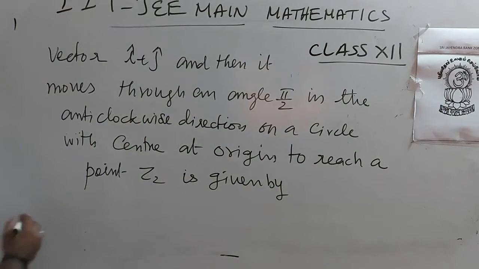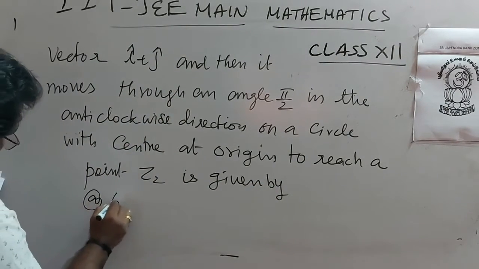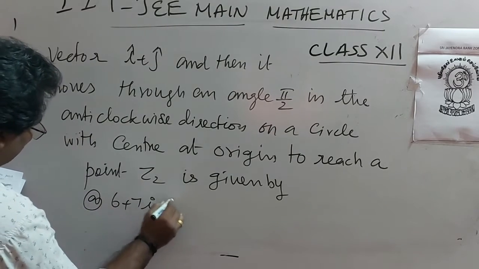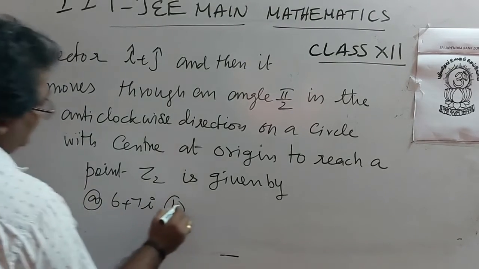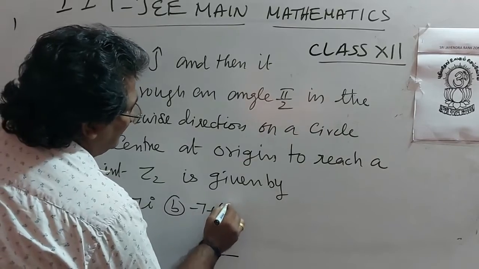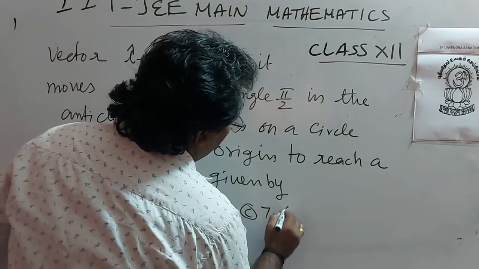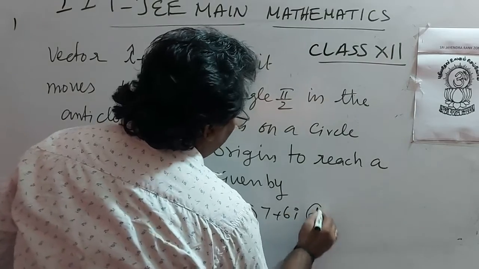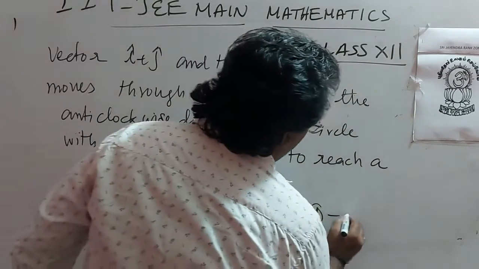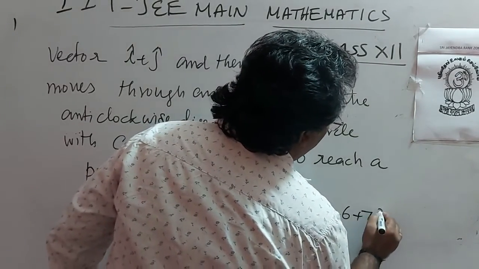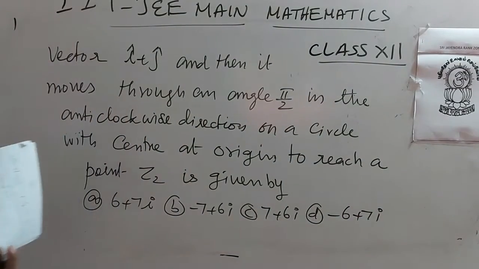Z2 is given by: 6 plus 7i; minus 7 plus 6i; 7 plus 6i; minus 6 plus 7i.